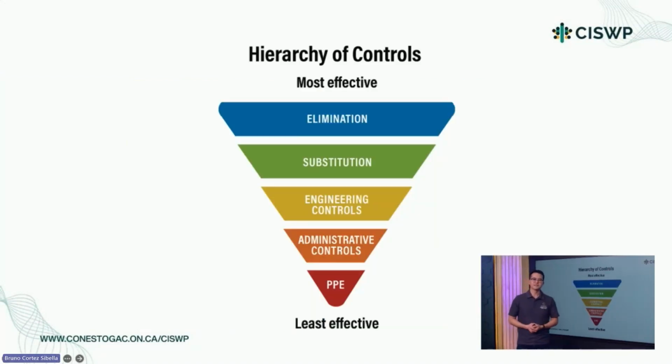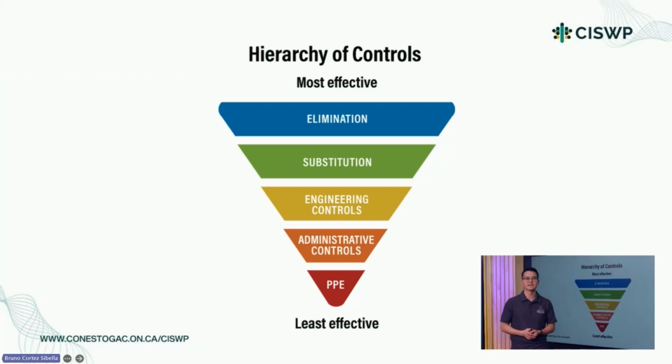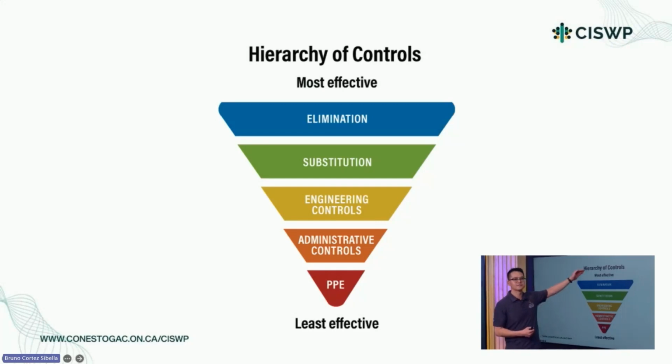So reducing MSD-related hazards will play an important role in maintaining the workforce. And typically, it's recommended that hazards are addressed following the hierarchy of controls. As many of you may already know, this model ranks hazard controls from the most effective to the least effective level of protection.